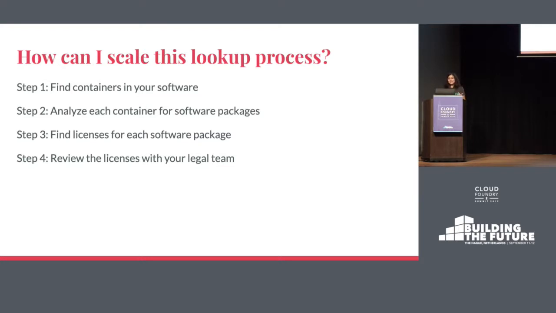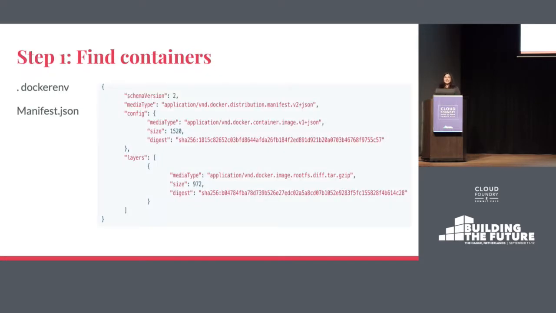First of all, we needed to know if we were shipping containers in our software. Second, we had to find for each of those containers what software packages were installed on those containers, find the license for each of those software packages, and then review them with our legal team so that we are not in deep waters. So let's look at this step by step on how we can do it.